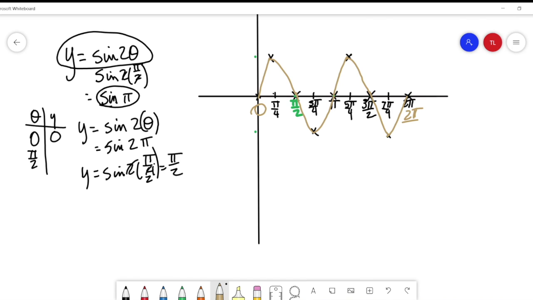Now what happens between 0 and 2 pi if this number in front of theta is 2? How many graphs will it make between 0 and 2 pi? Let's see how sharp you are. What if I change up the problem and do this one?